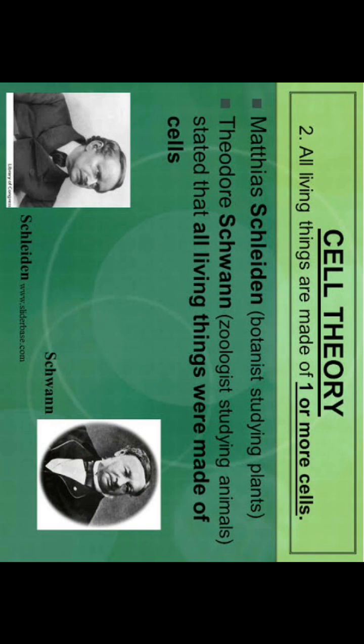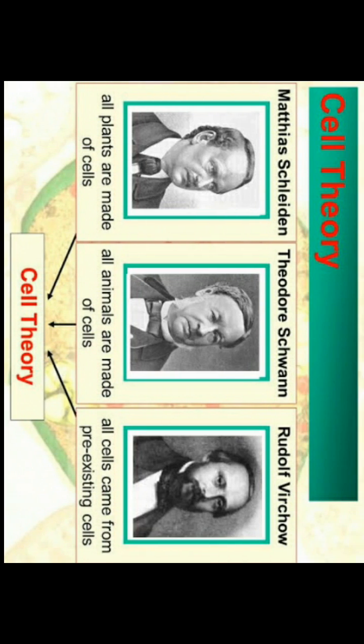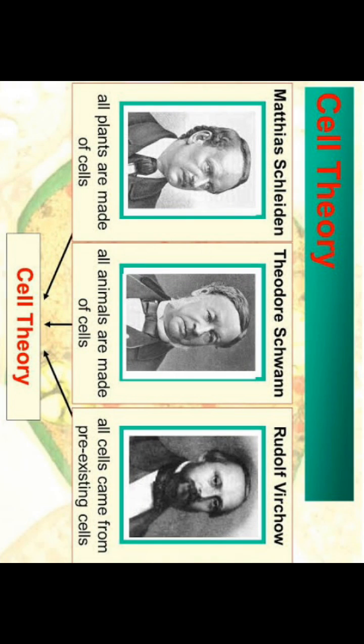See on the screen about both scientists, Matthias Schleiden and Theodore Schwann. They concluded only one point. What's that point? All living organisms are composed of cells and products of cells.